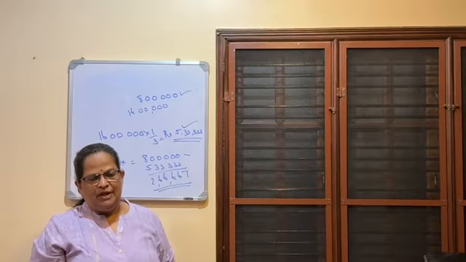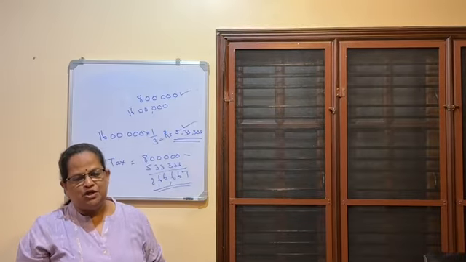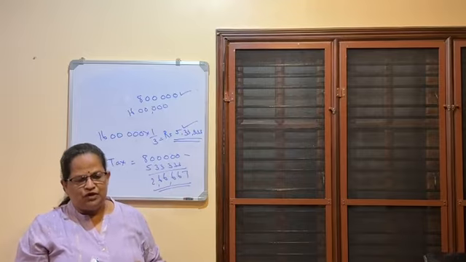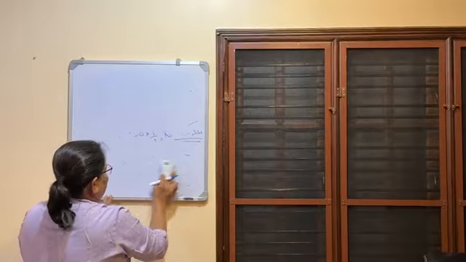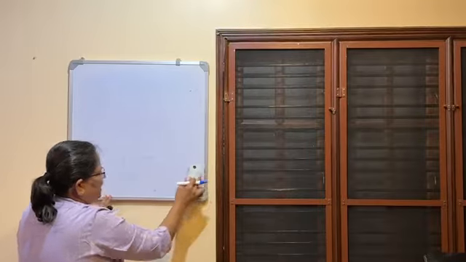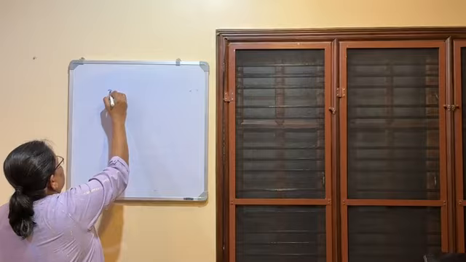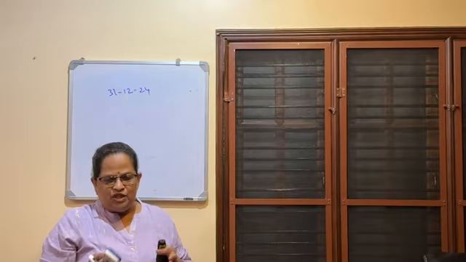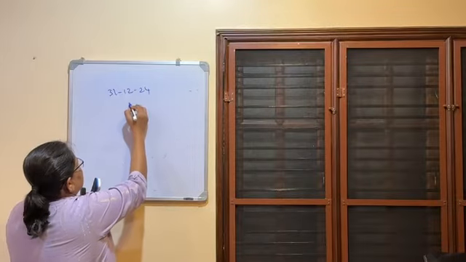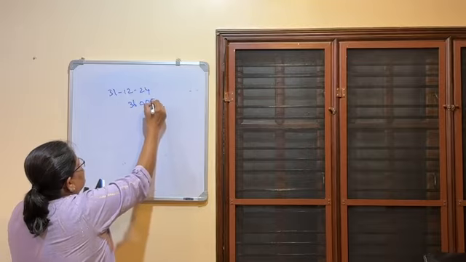Now the next problem. Mr. R retired on 31/12/24 and his pension was fixed at rupees 36,000 per month. Date of retirement is important, and also when he is getting the pension, end of the month or next month.